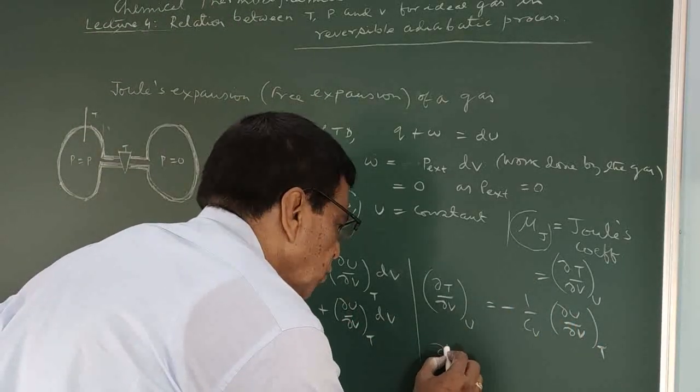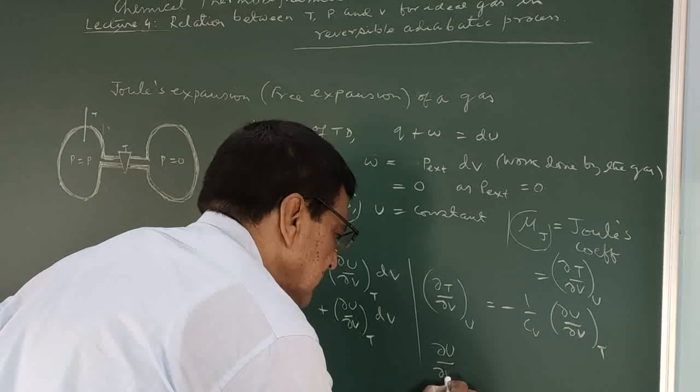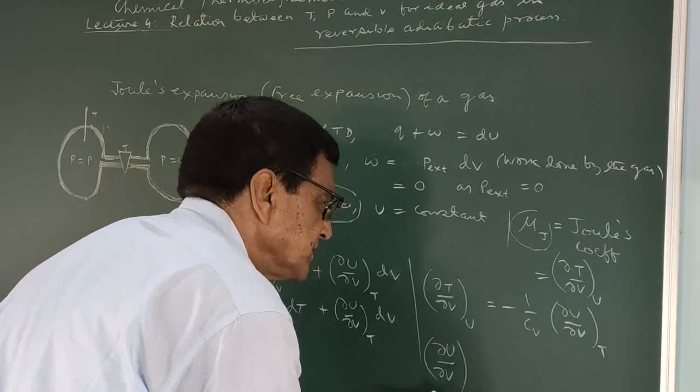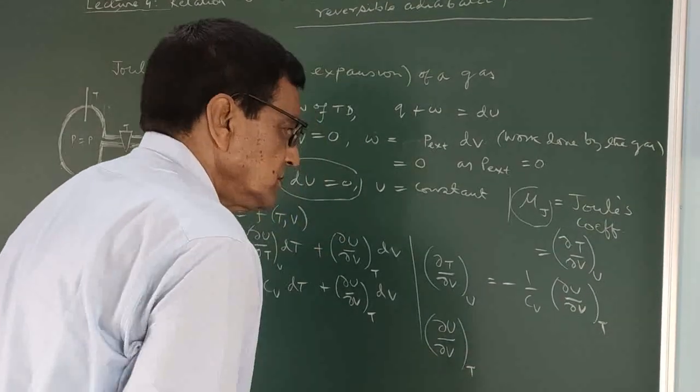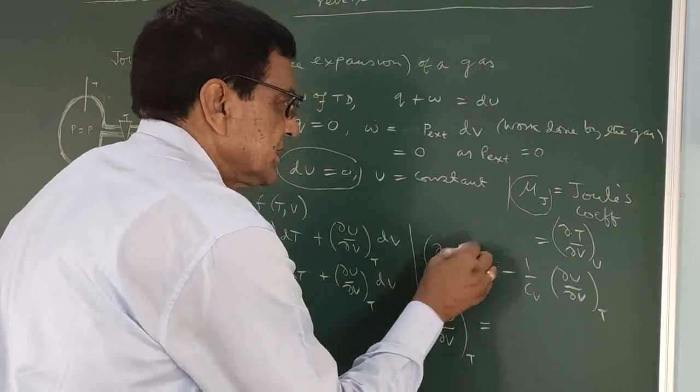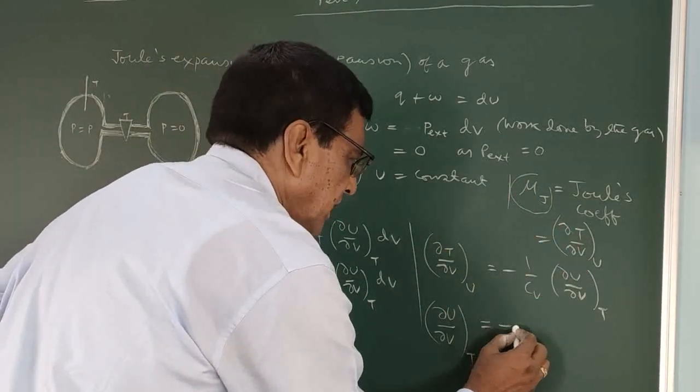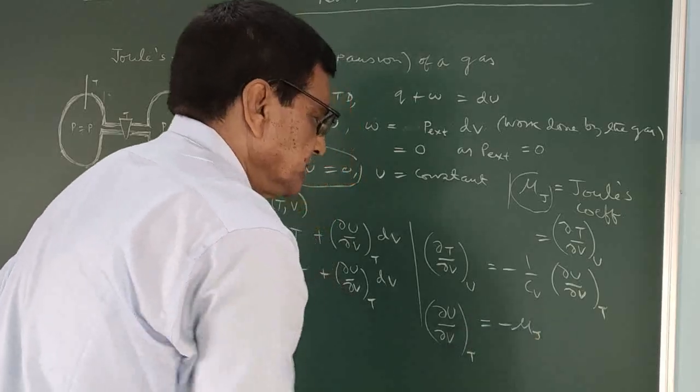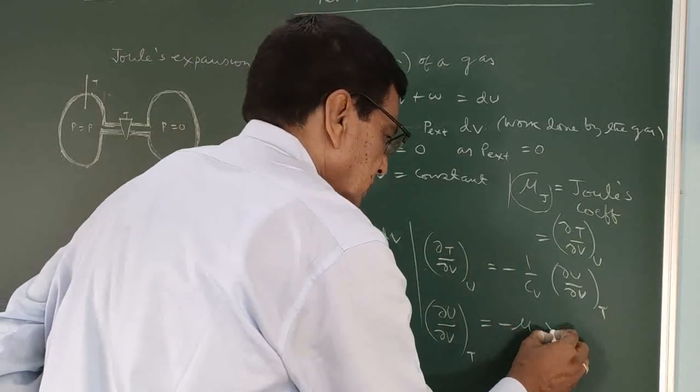So del U by del V, this is the isothermal expansion, at constant T, and this equals mu j. So mu j equals minus 1 by Cv times del U by del V at constant temperature.